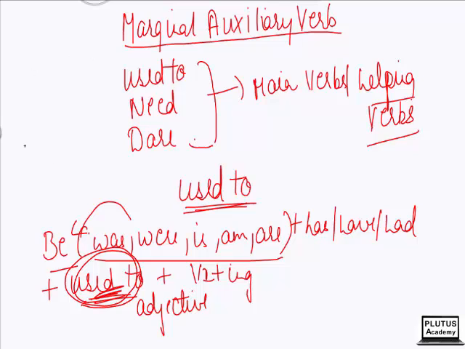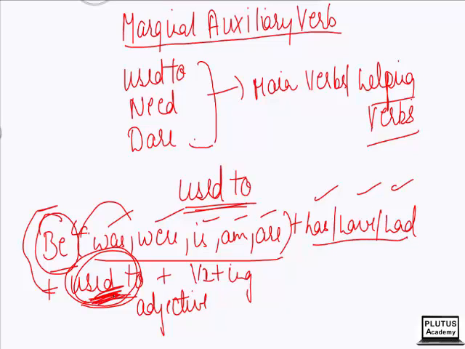Let us consider this again. If any form of be, the forms of be being was, were, is, am, are, or any form of has, have, had is present before used to, then used to will behave as an adjective and we have to use the first form of verb plus ing after it. Let us consider some examples.